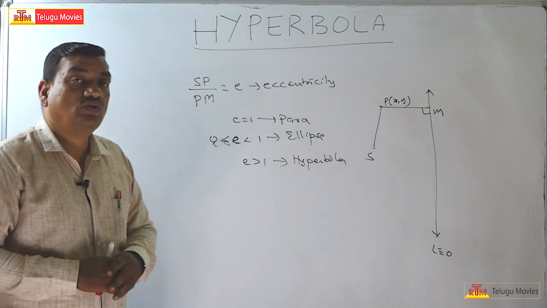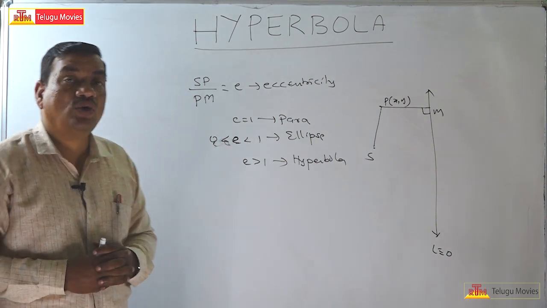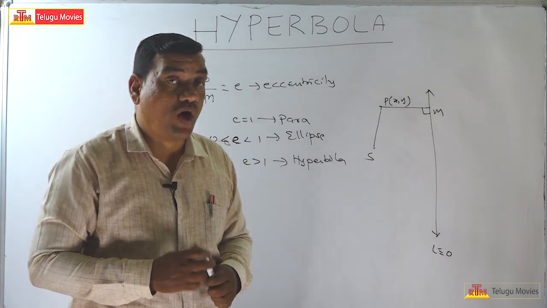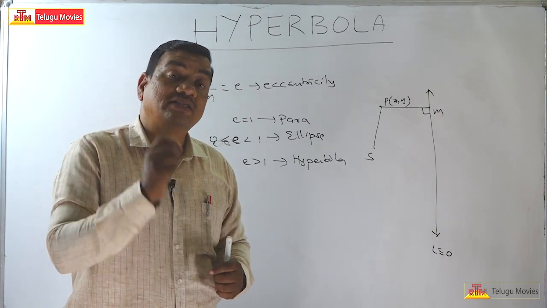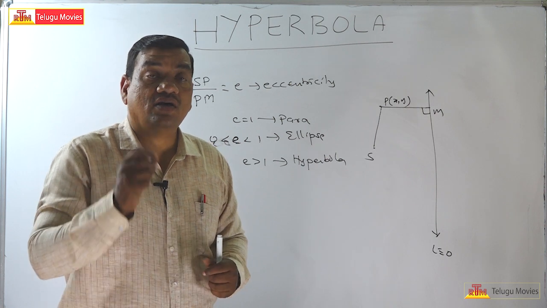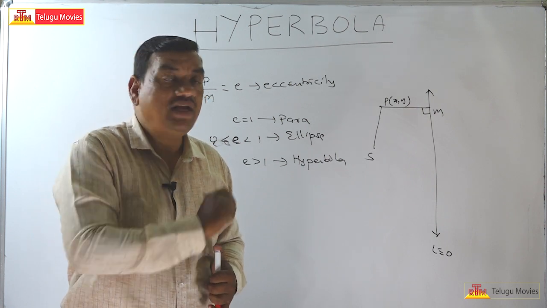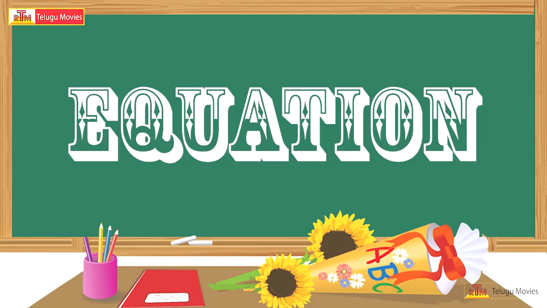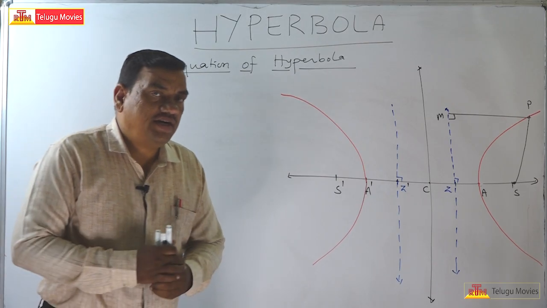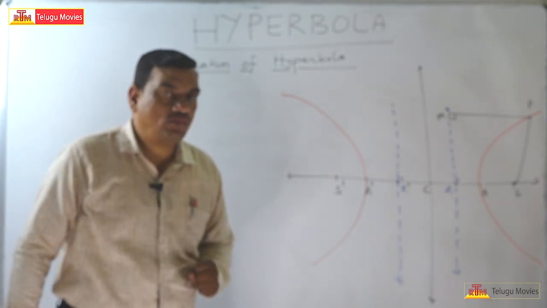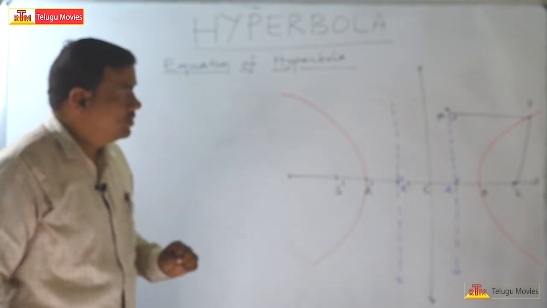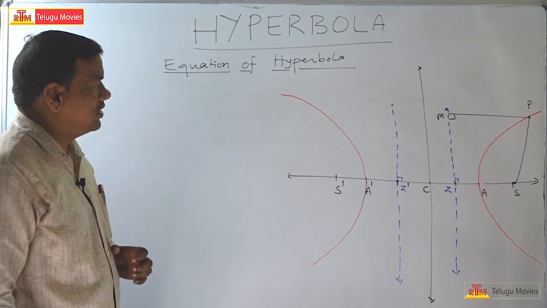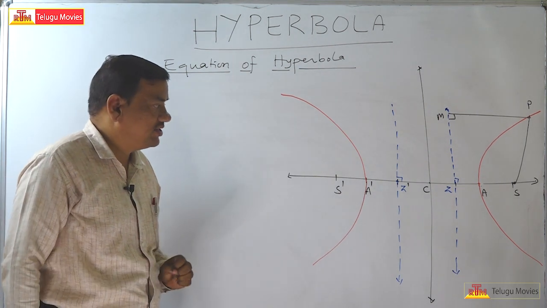Now I am going to find a formula which represents the conic hyperbola. Let us derive the equation of the hyperbola. For this I have taken this format.